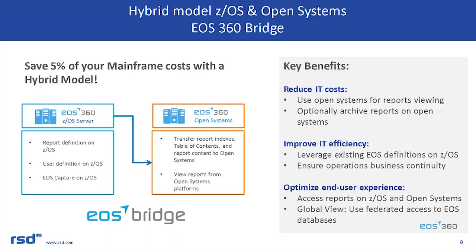We have a hot online backup if warranted. And we're optimizing the end user experience. Access to reports on both z/OS and open systems is provided by EOS Access. So you have a global view using federated access to all of your EOS databases for your online viewing.